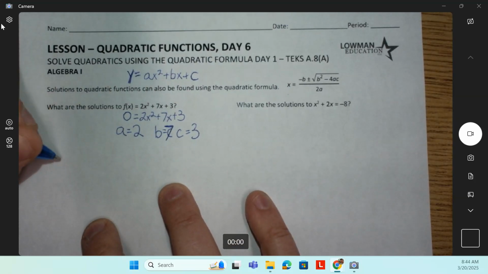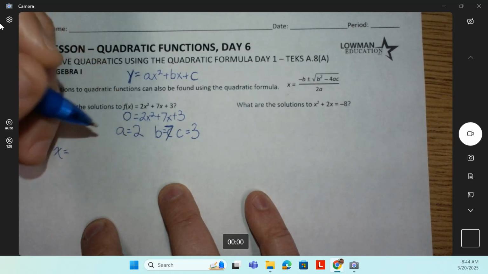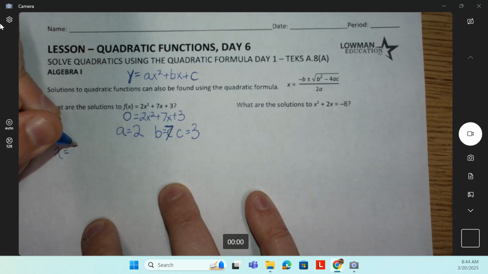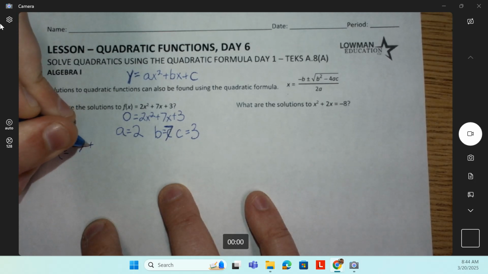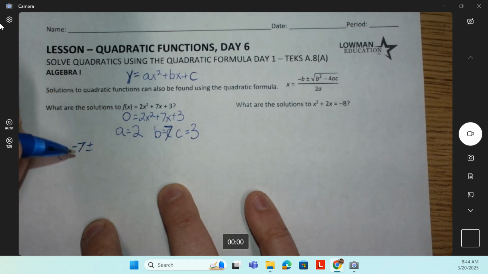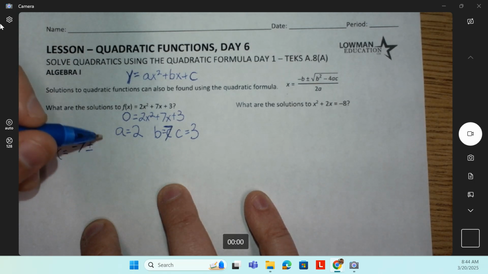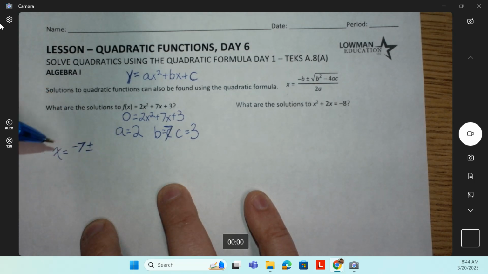So x equals negative b, so a negative 7, plus or minus. That just means we're going to get 2 solutions normally. We'll do this number minus whatever we get in the square root, and then plus whatever we get in the square root.